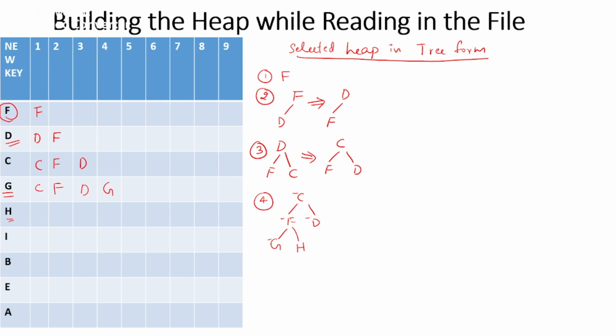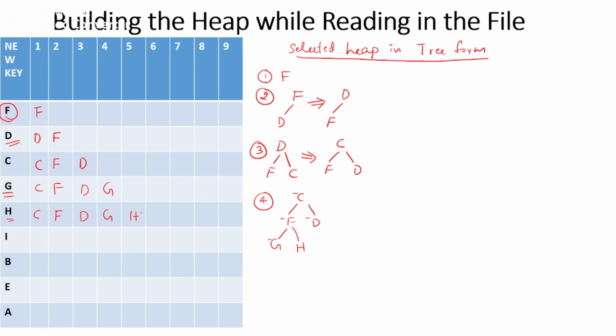So I will include H as the right branch of F. Once again there is no change because F is smaller than H. I can directly write it as C, F, D, G, H.